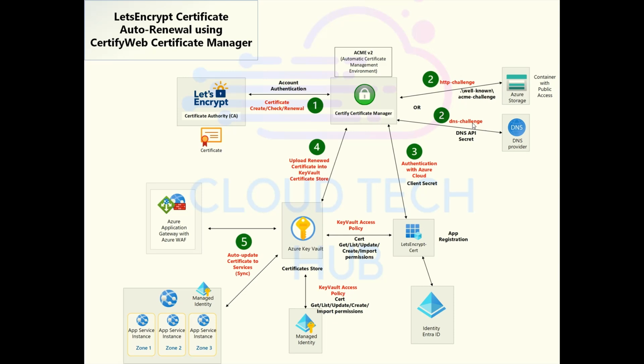When it verifies the domain ownership, it then authenticates with the Azure cloud using the app registration with the client secret. That app registration has the permissions on the Key Vault to check the certificate, validate the thumbprint, and then update the certificate.